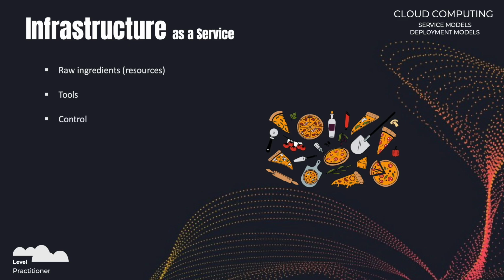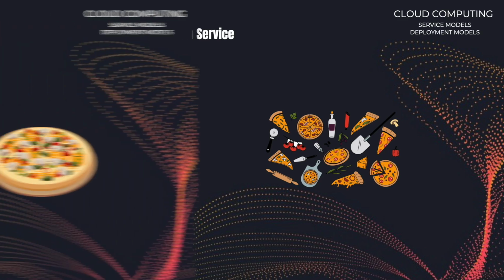You have complete control over every aspect, from the dough's thickness to the amount of cheese and other toppings as well. However, it is up to you to put in the work and clean up afterwards. In cloud computing, IaaS provides you with the raw compute, storage, and networking resources, and you have full control over what and how you configure your application on top of it.